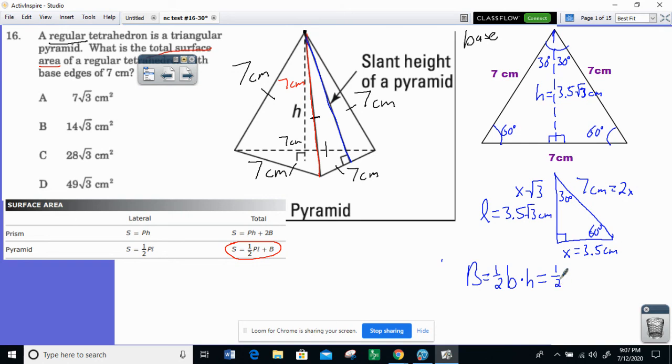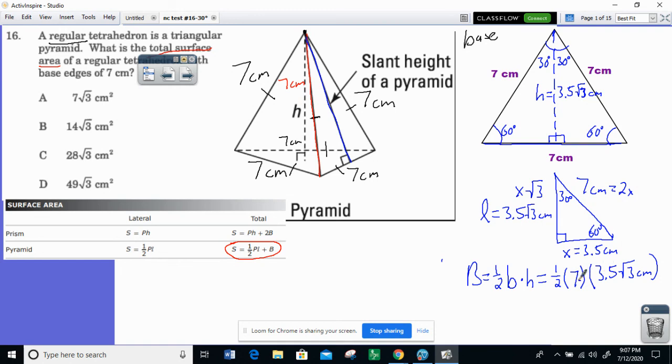That would be 1/2, the entire length of the base would be 7 centimeters, the height of the triangle would be 3.5 times the square root of 3 centimeters. Since all these answers are in terms of the square root of 3, we're going to try to leave this as the square root of 3.